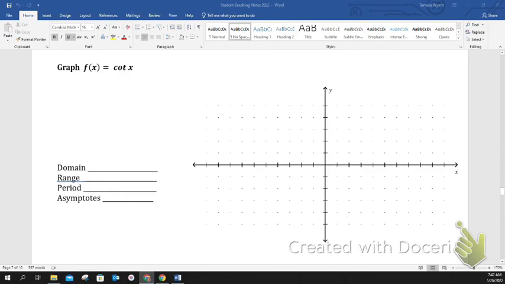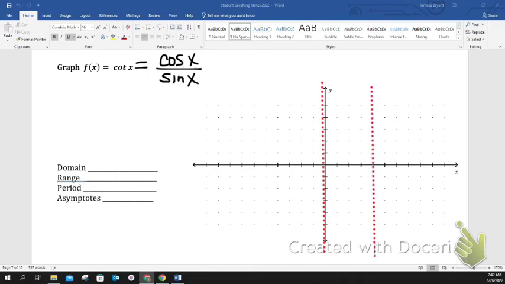So wherever sine is 0, you have an asymptote. So sine is 0 at 0. And it's also 0 at 180. So go ahead and draw in your asymptotes. Starting at 0, and then you have one every 180 degrees.